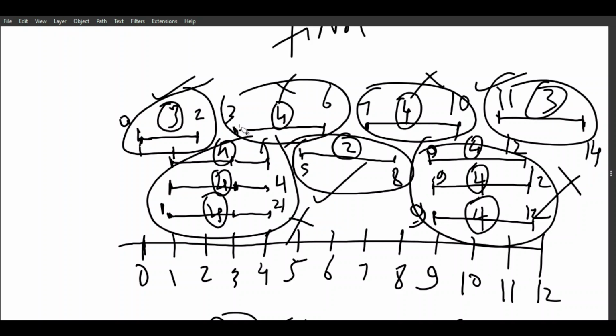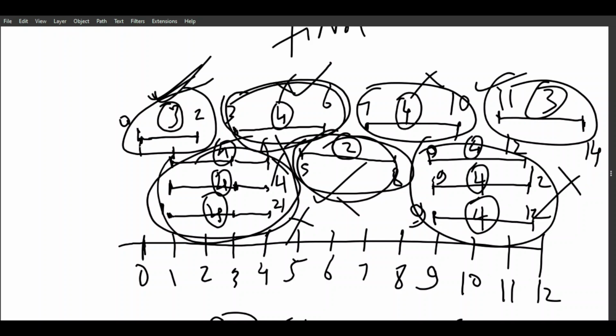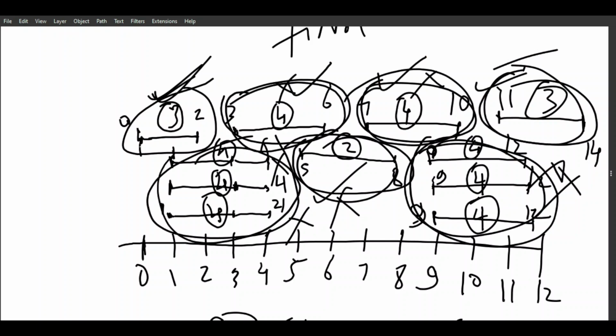We choose this interval and remove all conflicts. Next we get this, we choose this, again remove all conflicts. Next shortest finish time is 10, take this, remove all conflicts. Finally we take this. So we are getting optimal solution.